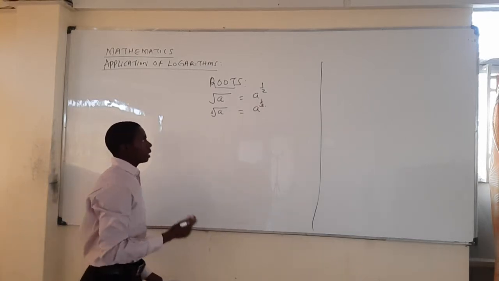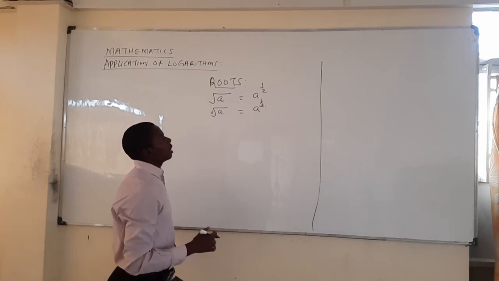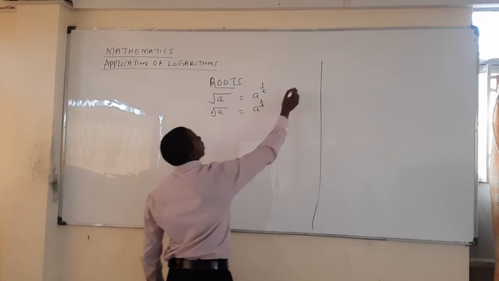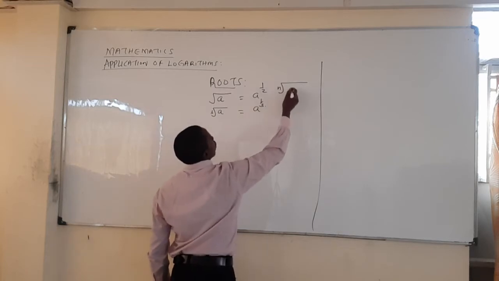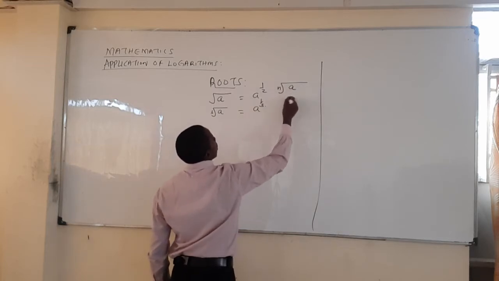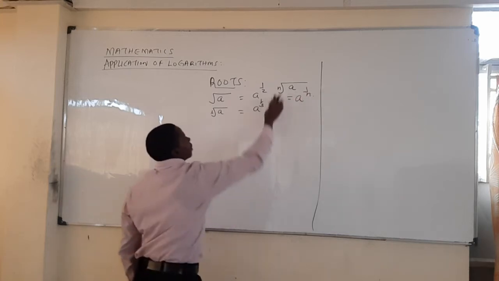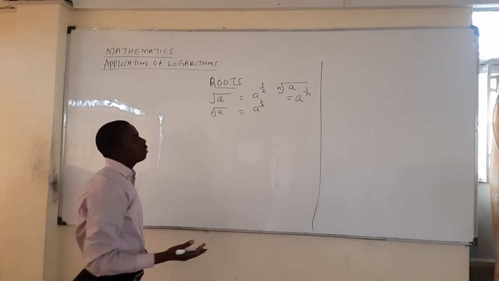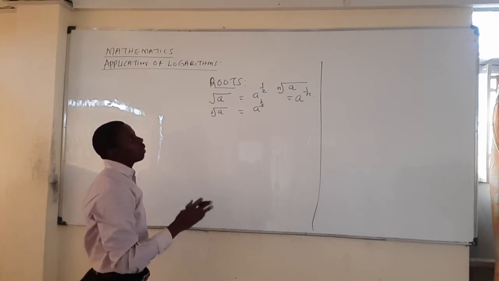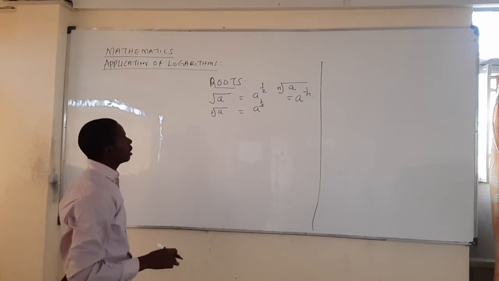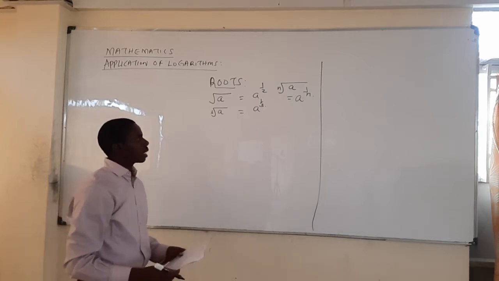So when we are dealing with roots, you can change them in that order. If it is the nth root of a, then this will be a power 1 over n. If it's the fifth root, it's going to be 1 over 5, and that is how we look at that.